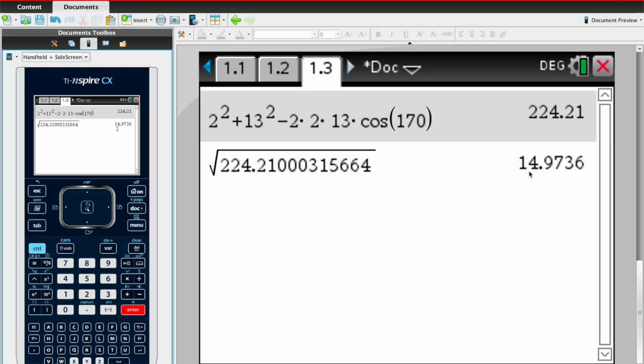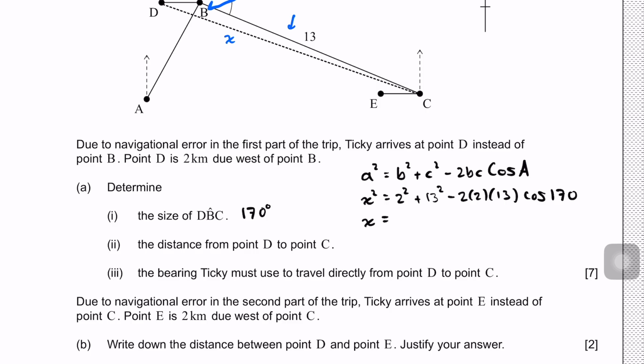So, square root of all of this business gives us 14.9736. So what is x? X is equal to 14.9736, or actually, it's equal to 15.0. So, going back to the document here, x is equal to 15.0 kilometers. Okay, and that's the answer to part 2.